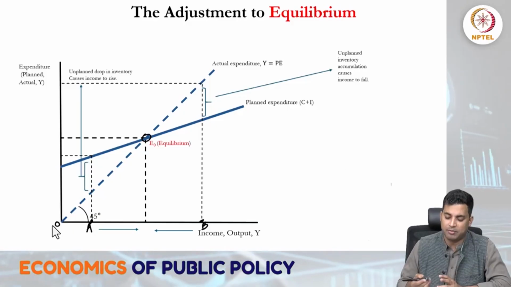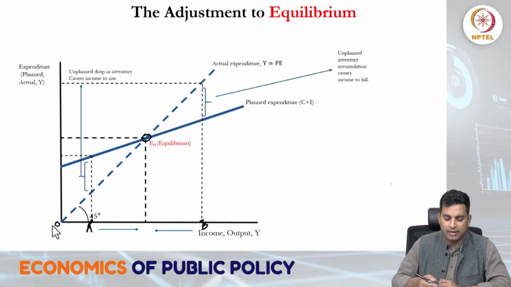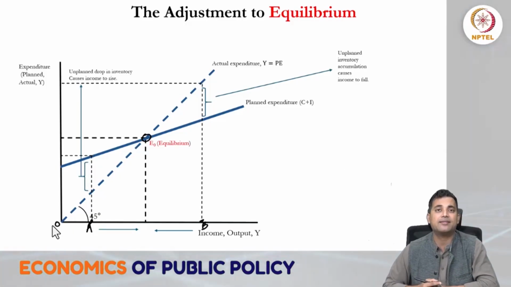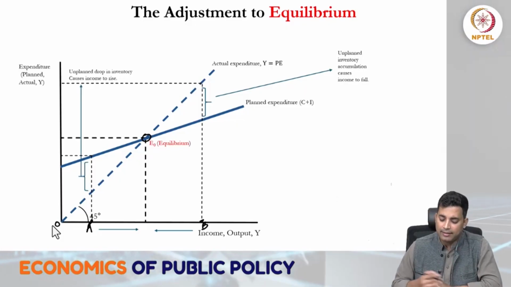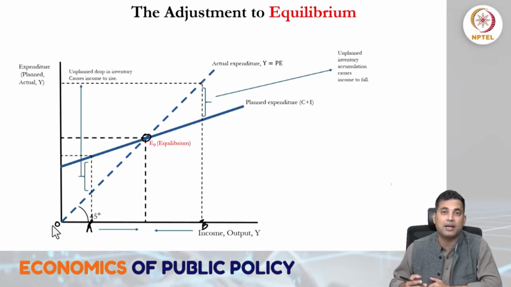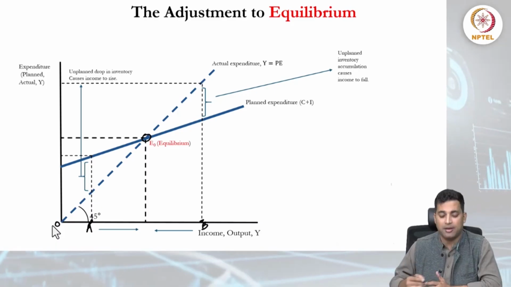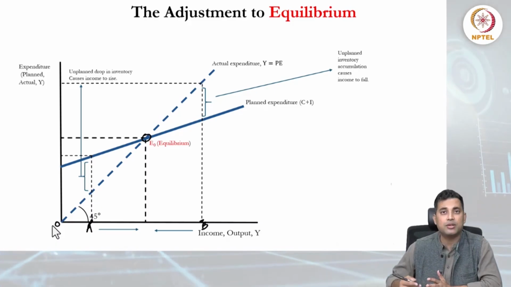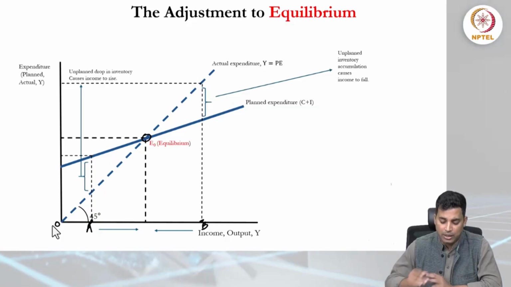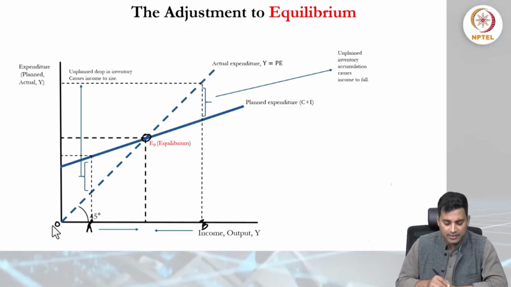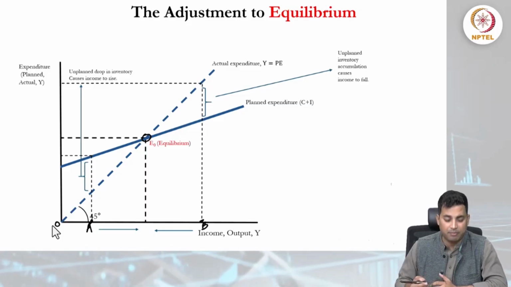The blue dashed line represents actual expenditure. Planned expenditure, as we know, is C plus I. We are not considering only C, because with consumption, planned investment is also included here. So now, what happens at point A and point B?